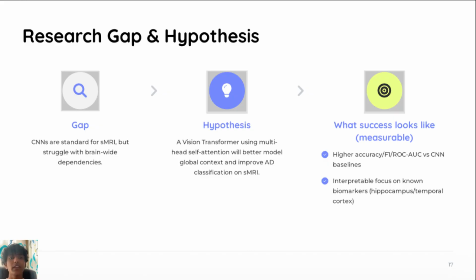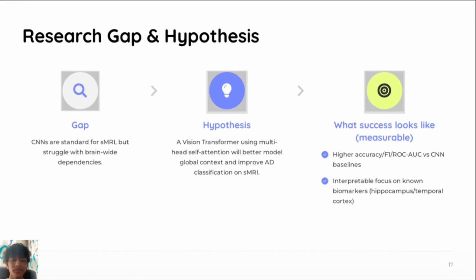To test this, I looked at two main goals. First, the vision transformer should outperform CNN baselines like ResNet-18 and EfficientNet-B0 on accuracy, F1 score, and ROC-AUC. Second, the model should be interpretable. In other words, it should focus on medically meaningful regions like the hippocampus and temporal cortex instead of random areas of the scan.